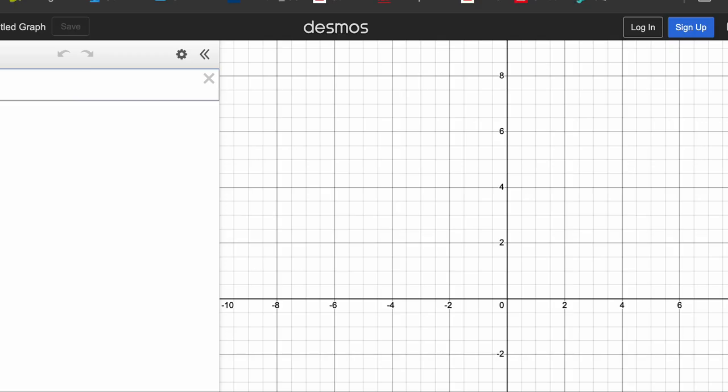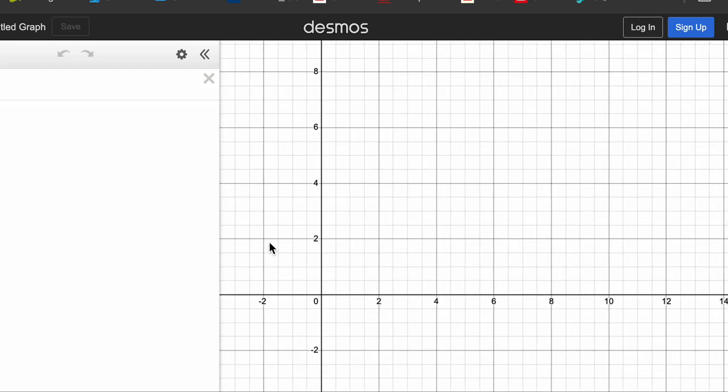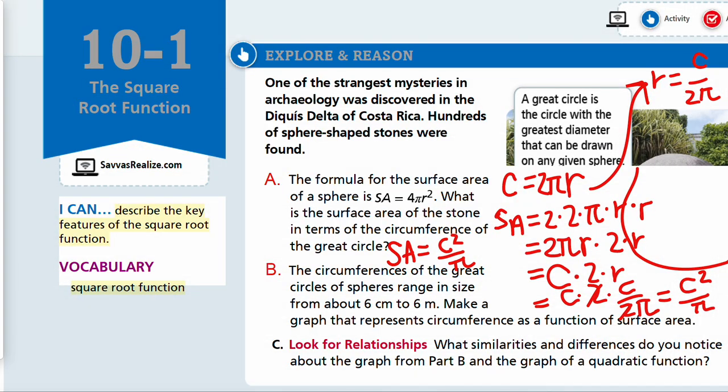Okay. So then, if we let the surface area be the x and then circumference be the y, we know that using this equation, right? Surface area is equal to c squared over pi.